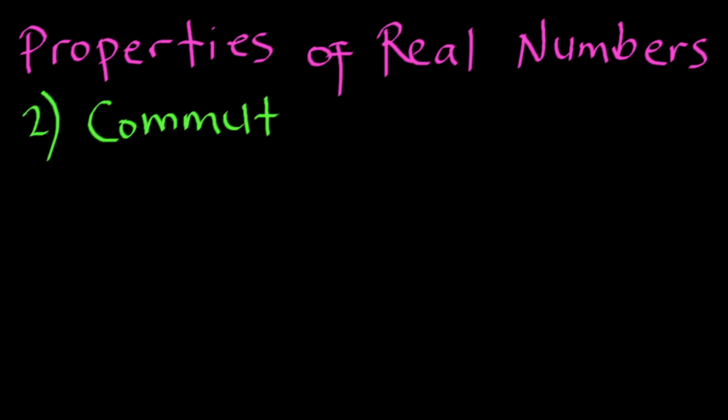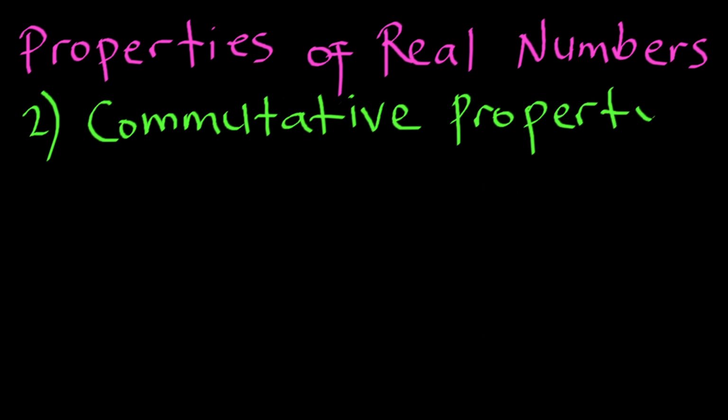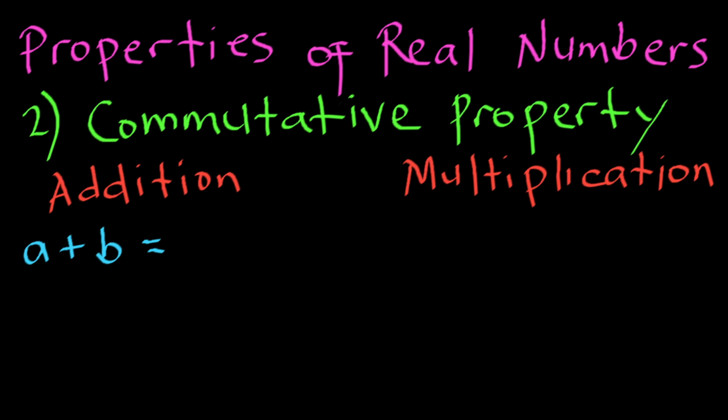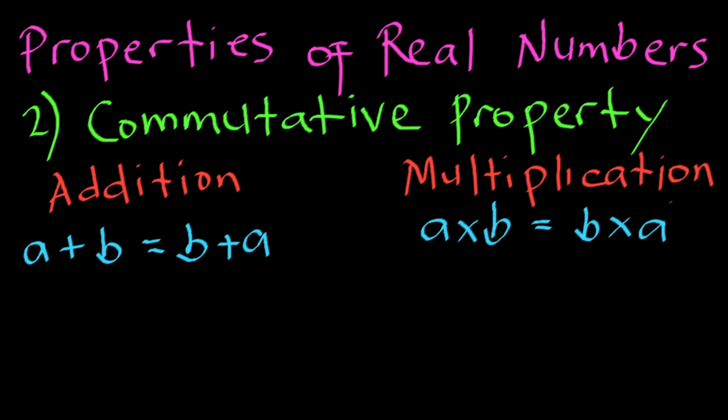Second property ng real numbers is commutative property. So meron tayong dalawang uri ng commutative property. So we have the commutative property of addition and commutative property of multiplication. Sa addition, we have a plus b equals b plus a. Sa multiplication naman, we have a times b equals b times a.